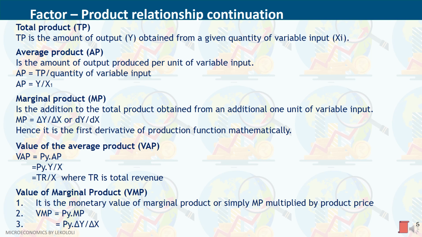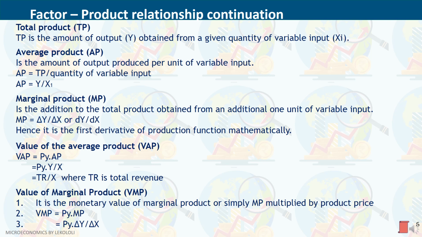Total product is simply the total amount of output that you get from a specified amount of variable input. Think of it as how much of goods and services you can produce when you change one aspect of your production process, like labor or raw materials.